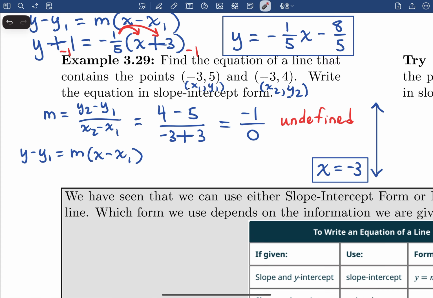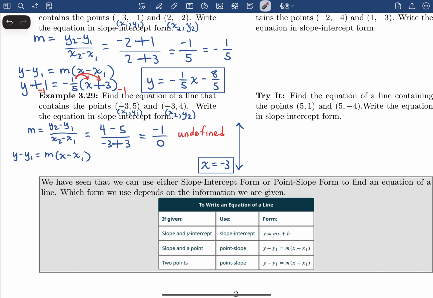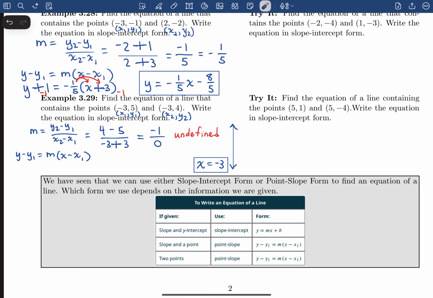So it seems to me like you would have to recognize that the slope has a run of 0, and that creates a vertical line, and a vertical line is written as x equals a number, and that number x was here and here. It's both the x1 and the x2 values. So that's how we write the final equation of this line. Great.